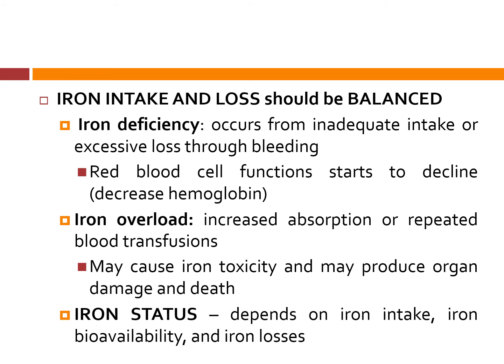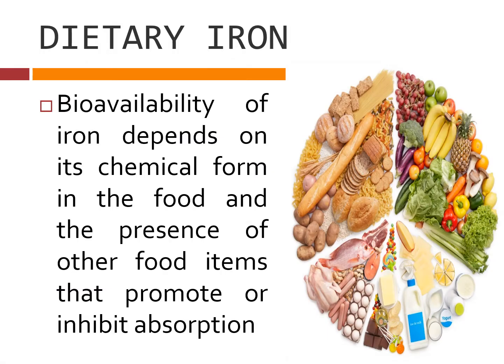So iron status depends on our intake, our iron bioavailability, and our iron losses. So dietary iron, bioavailability of iron depends on its chemical form, whether inorganic or organic, or whether it is non-heme or heme iron.